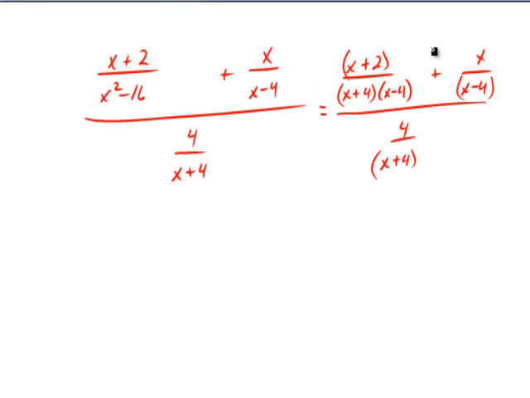So let's multiply x plus 4, x minus 4 by the numerator and by the denominator of the main fraction. I'll write it out by distributing it, x plus 4, x minus 4, throughout the numerator and denominator.